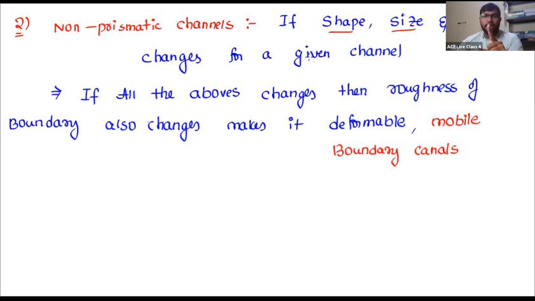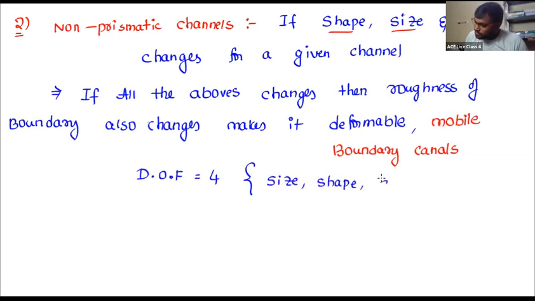But here in the case of the non-prismatic channels, shape changes, size changes, slope changes, depth is also going to change. So how many degrees of freedom? DOF is equal to 4. What are those? Size, shape, slope, and depth of flow.